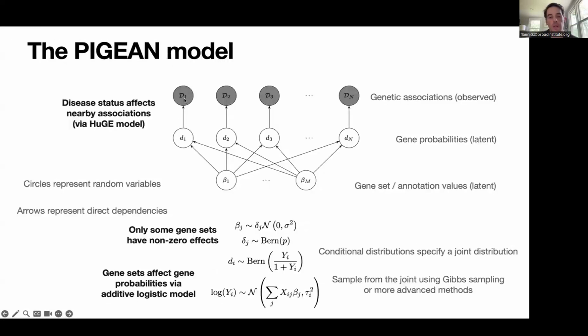But our goal is actually to do inference in the reverse order. We specify the model going up in this diagram, but we observe the genetic associations, and we want to calculate the gene and the gene set values given the observed genetic data. If you don't follow that, that's okay. The intuition is just that we are trying to calculate these gene and gene set values jointly, given the data that we observe.